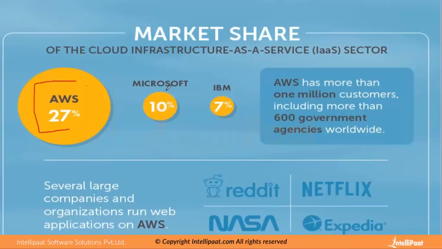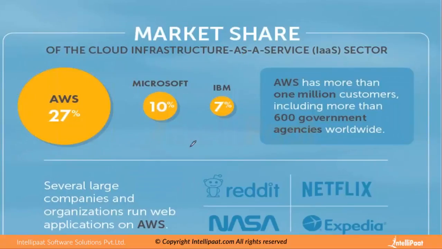Then we have 10% dominated by Microsoft, around 7% by IBM. Now IBM is lagging behind, and we can say Google Cloud Platform has taken over IBM.